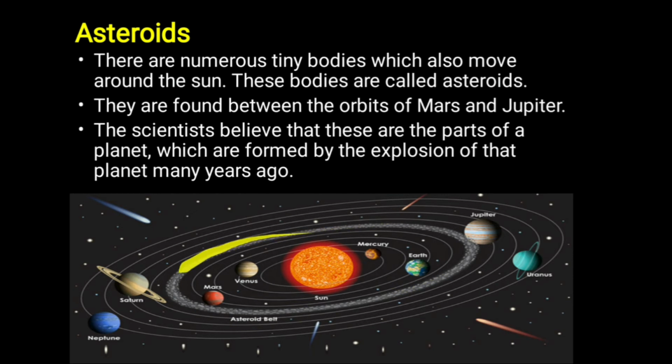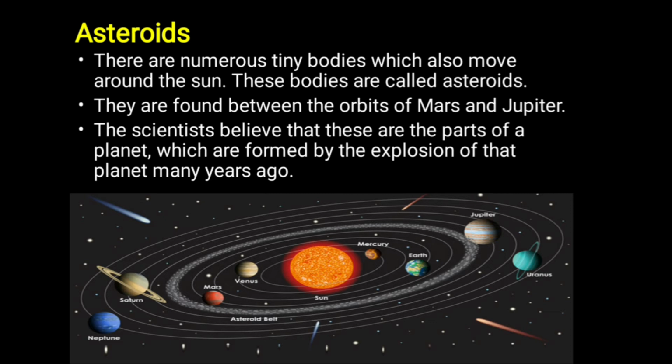which are called asteroids, and this belt is called the asteroid belt, and this separates the inner four planets from the outer four planets. You can see here Mercury, Venus, Earth and Mars.